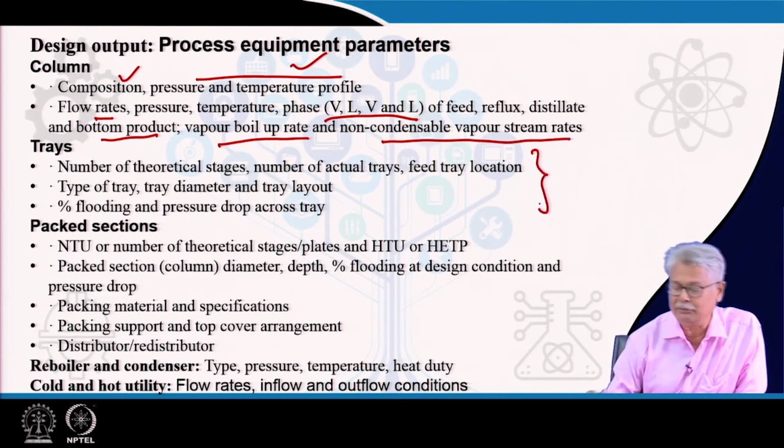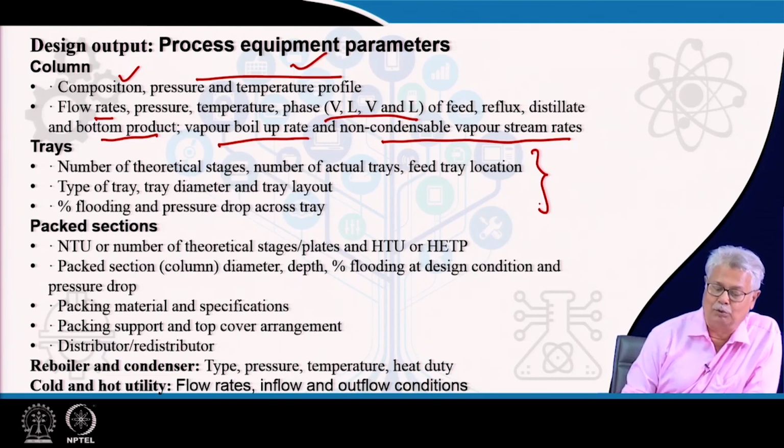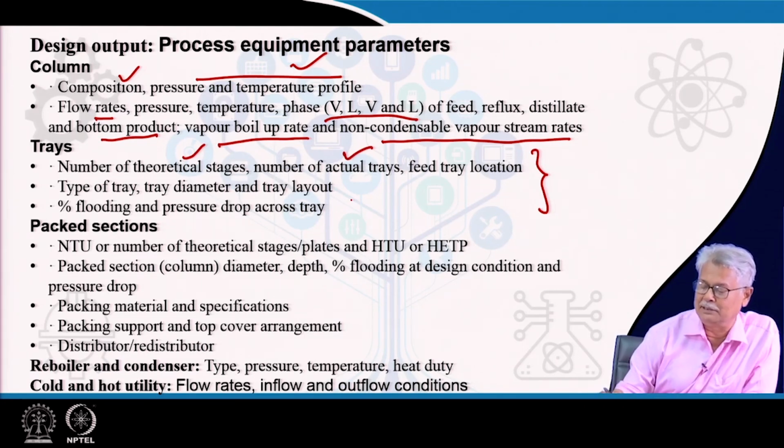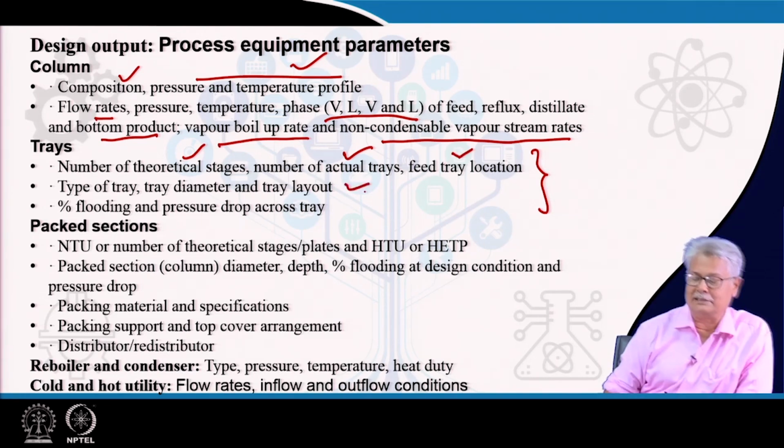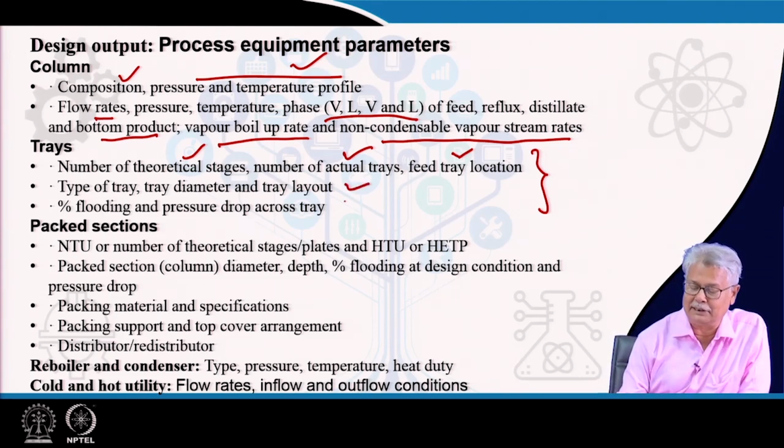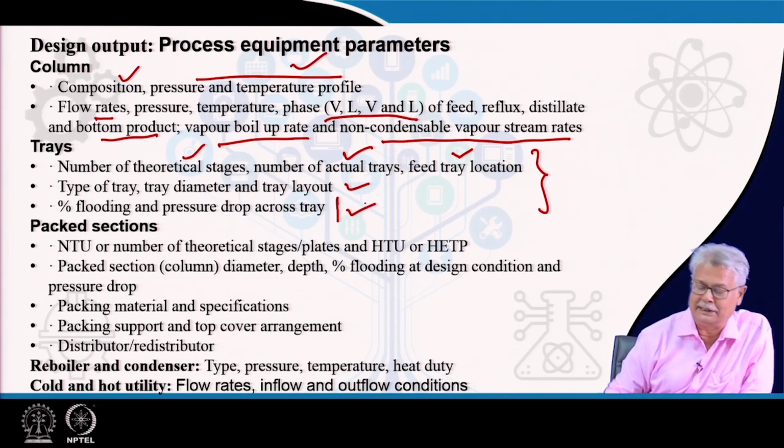Similarly, we have not detailed how to find these out, but whenever we are talking about the process output for the trays, we need to know the number of theoretical stages, the number of actual trays or stages or tower plates, whatever you may call, the feed tray location, the type of tray, tray diameter and layout, and naturally the operating percentage flooding and the pressure drop in each tray.